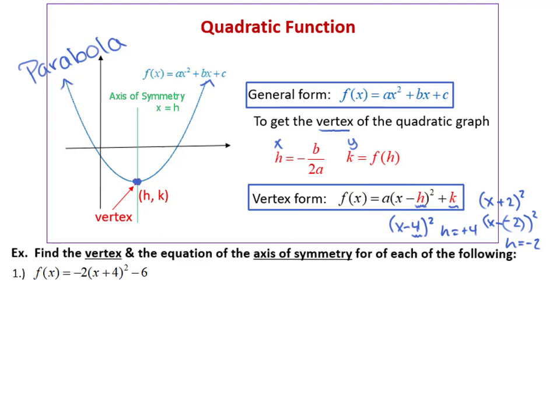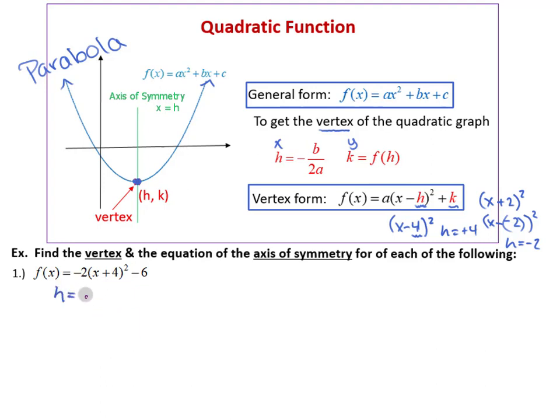Okay, so let's try some examples here. It says, find the vertex and the equation of the axis of symmetry for each of the following. So our first one, I noticed that this is in vertex form. They've given me this nice form with h and k visible, so this should help me find our vertex pretty easily. Remember that we're looking to get h in our quantity squared, but h is the one that's the opposite of what it appears to be.